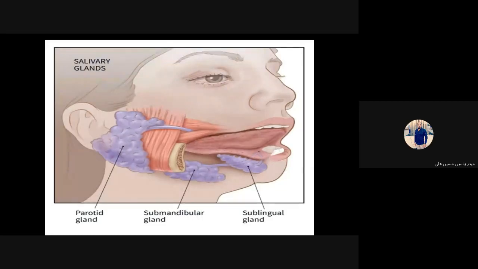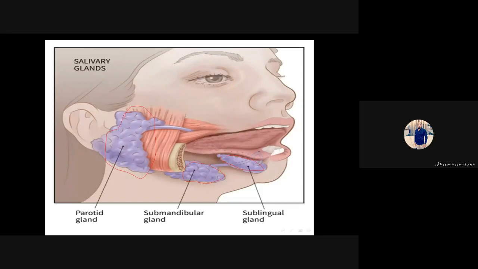As we know, the major salivary glands consist of the parotid, the submandibular, and the sublingual salivary gland, which is located at the floor of the mouth.